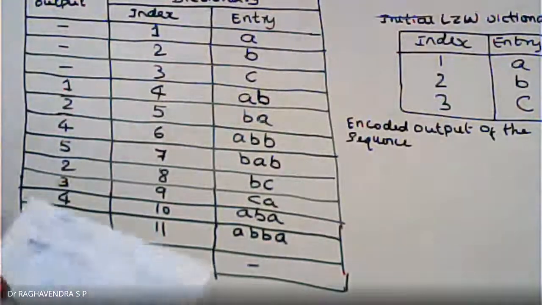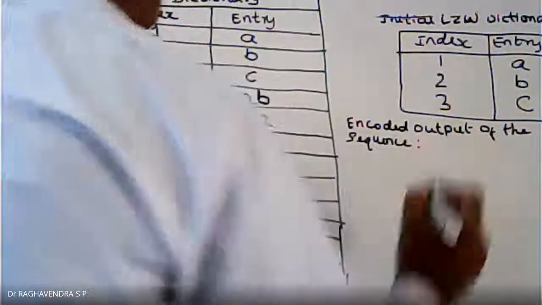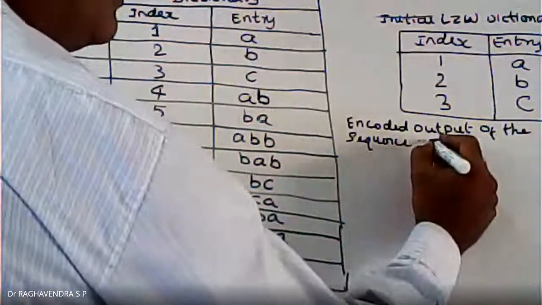What is the encoded output for the sequence? This is the encoded output. You tell me the encoded output values.